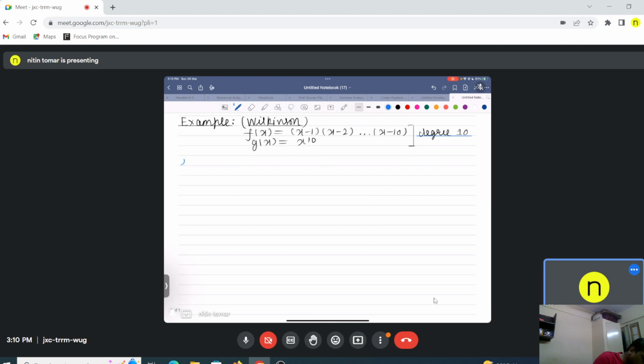Now, first things first, the roots of f(x) are actually 1, 2 up to 10, and all these roots are simple. By simple root we mean multiplicity 1.